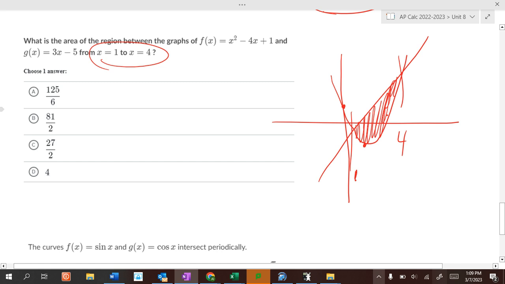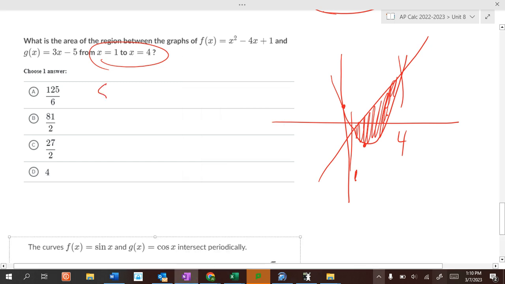When you find the area in between two things, if you wanted to find the difference between 6 and 2, what would you do? Subtract. You take 6 minus 2. So you take the bigger, the higher one, minus the lower one.